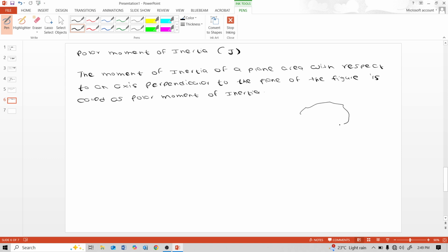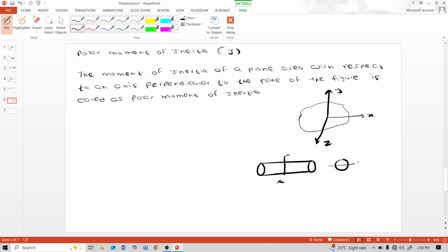Let us consider this body. This is the x-axis and this is the y-axis. The z-axis perpendicular to this body gives the polar moment of inertia. Let us consider this circular shaft. The cross section of this circular shaft is like this.